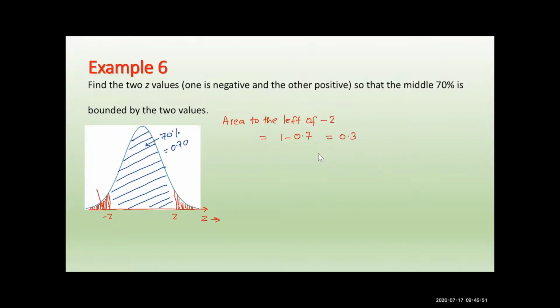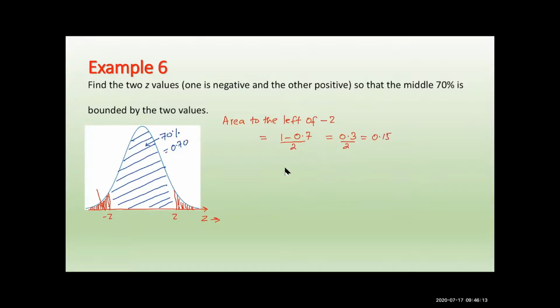This 0.3 is the total area in the left tail and the right tail. But these are equally divided because of the symmetric nature of the bell curve. So we have to divide this difference by 2.